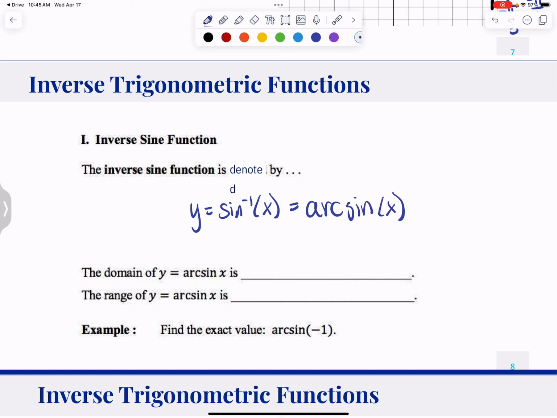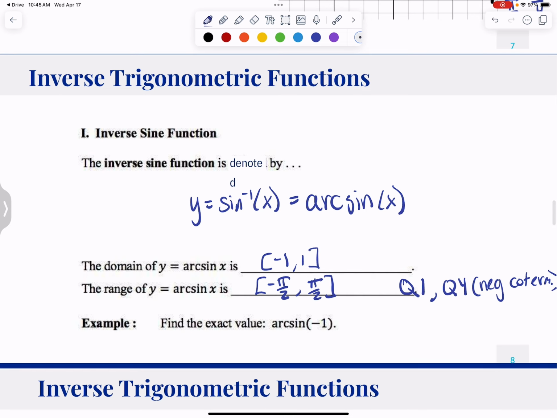The domain of arc sine is negative 1 to positive 1, and the range is negative pi over 2 to pi over 2. Think that's quadrant 1 and quadrant 4, but the negative coterminal angles in quadrant 4. We don't want the angles from 3 pi over 2 to 2 pi. We want the negative angles from 0 to negative pi over 2.